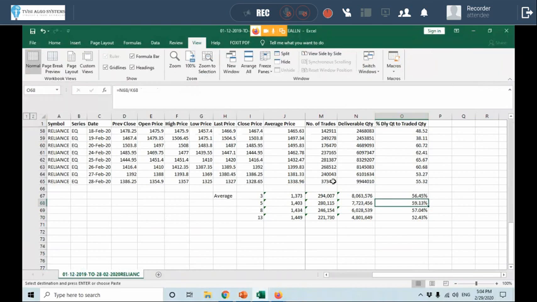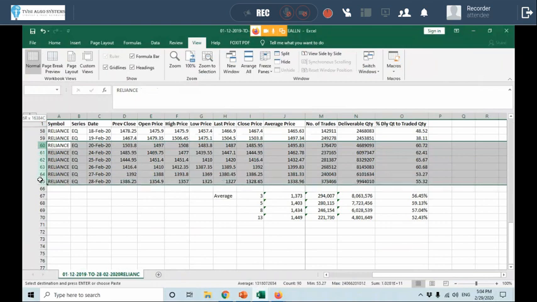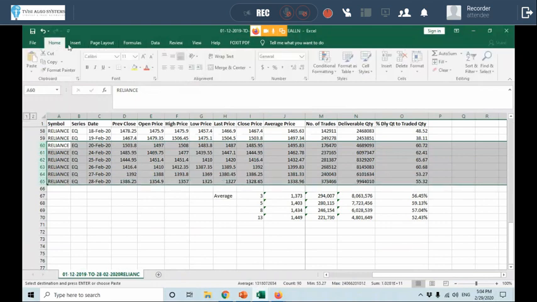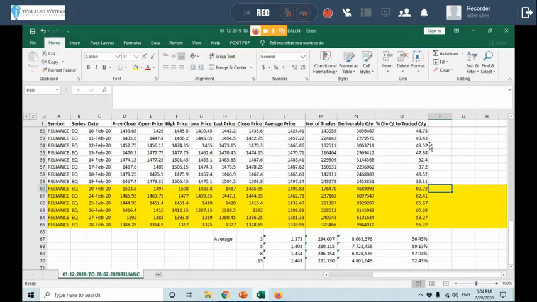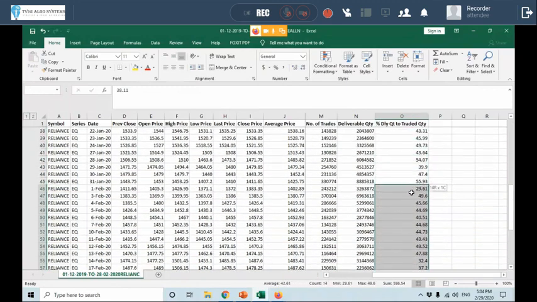Now look at this data here. Everything is fine, 40, 49. Look at the average, 43. See, here it was 55 on 31st of January. After that, look at here: 29, 49, 45, 44, 40, 44.